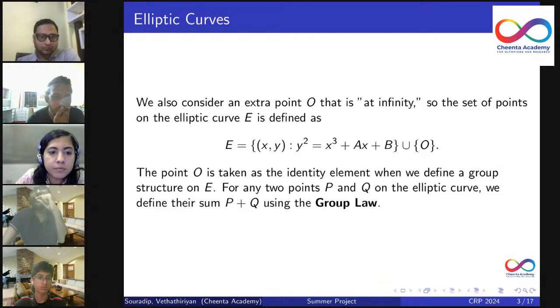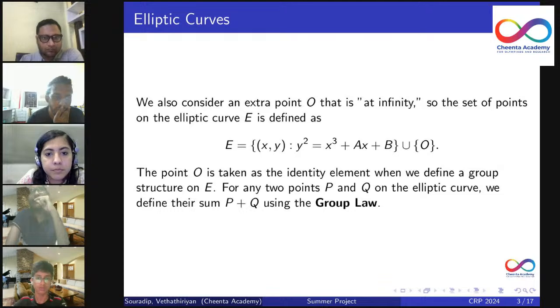In general, the set of points on the elliptic curve E are defined as all (x, y) such that y squared equals x cubed plus ax plus b, along with the identity element that we just defined as O.